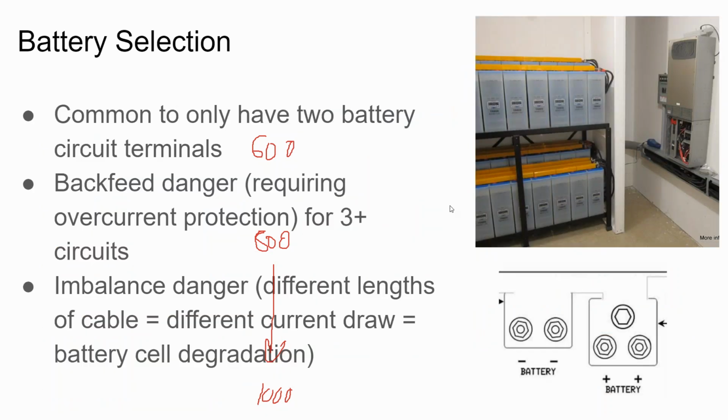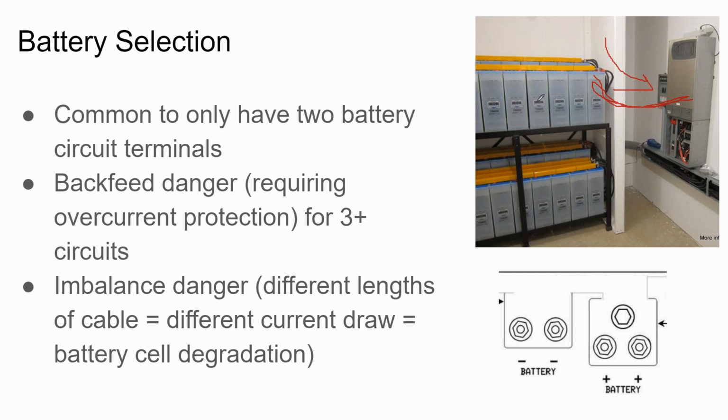It is best just to have one circuit. And the reason is, with batteries, you want the resistance on this home run between the battery and the inverter to be uniform so that the same amount of current is drawn out of it.